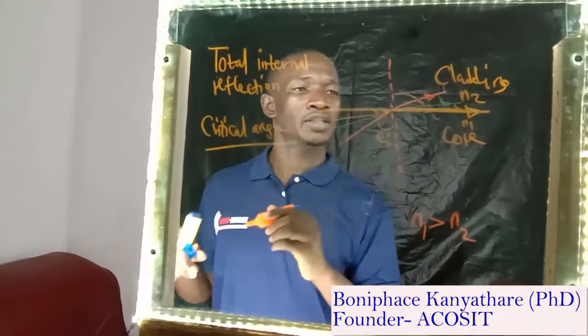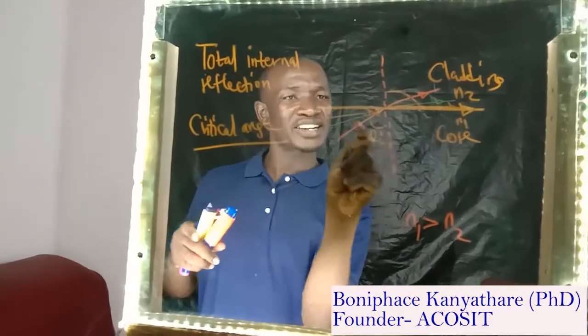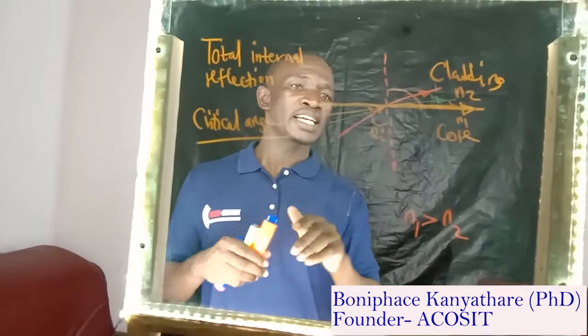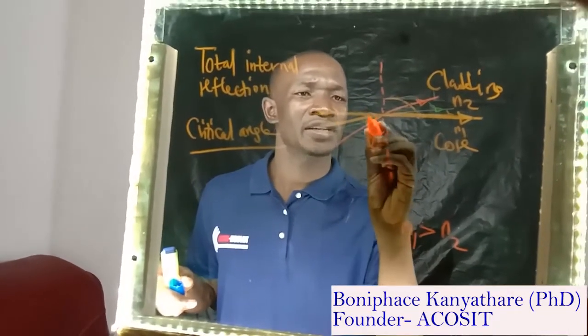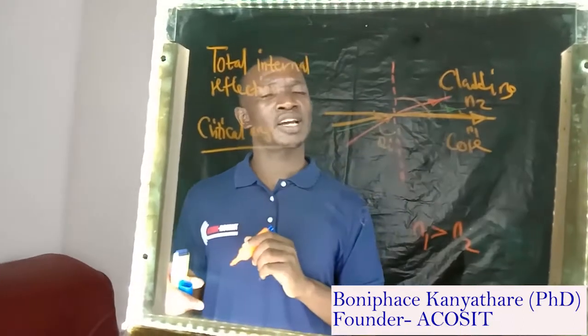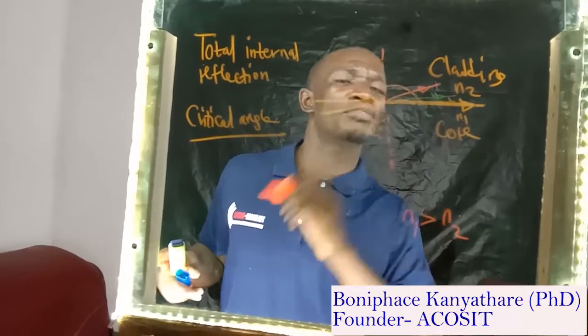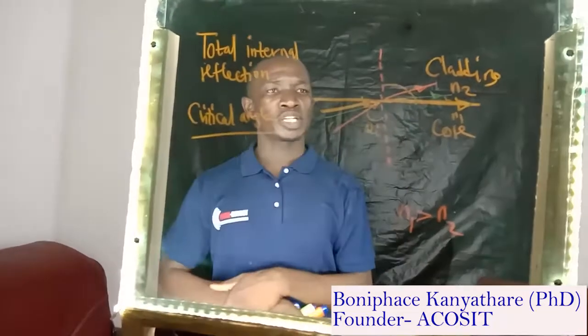Once again, this is our incident ray having an angle of critical angle. Our refracted ray is going to align itself to the interface. This is a very important principle.